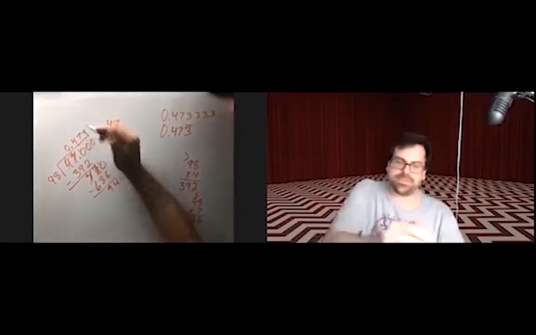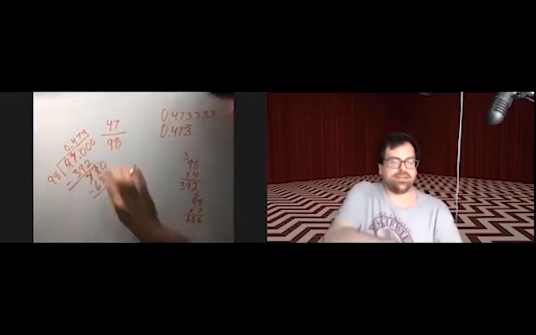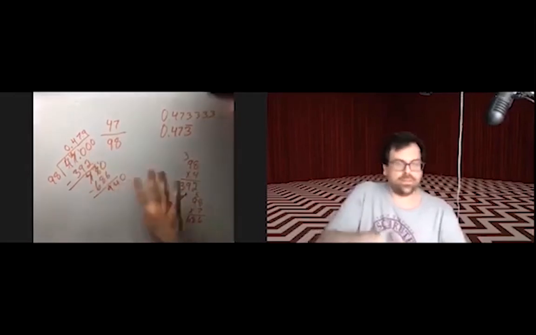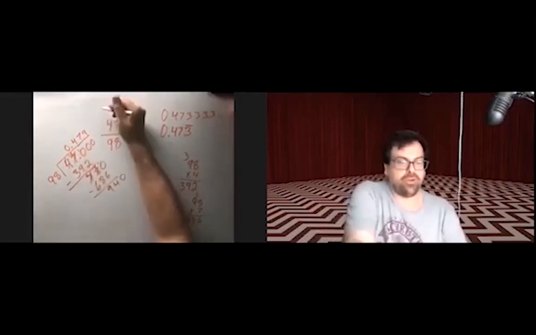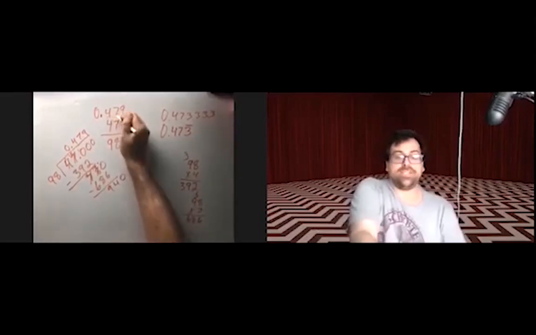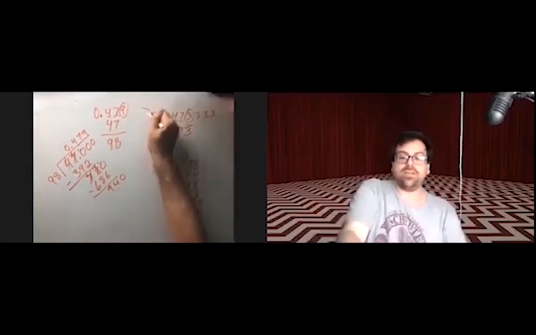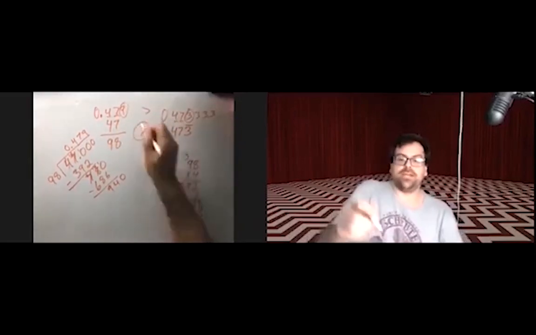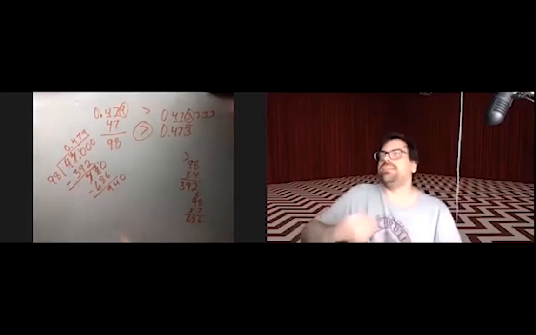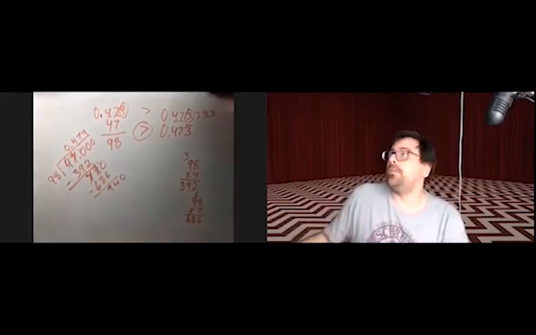So 9 times. Before we do 9 times 98, we can stop. We have 0.479. This was the same, this was the same, but the 9 and the 3 are different. The 9 is greater than the 3, greater than. We didn't have to keep going. But we did need to do that much work to be able to confidently say that it was greater than.